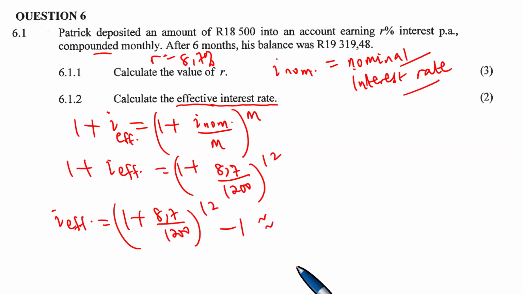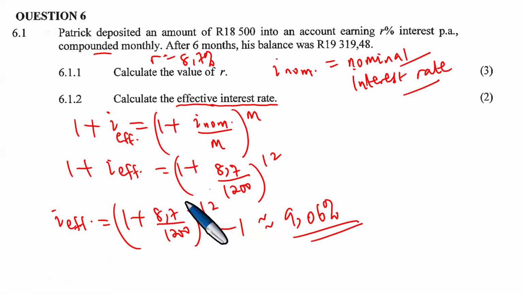If you use a calculator, you actually get 9.06%. And this is the effective interest rate. You must learn the formula.